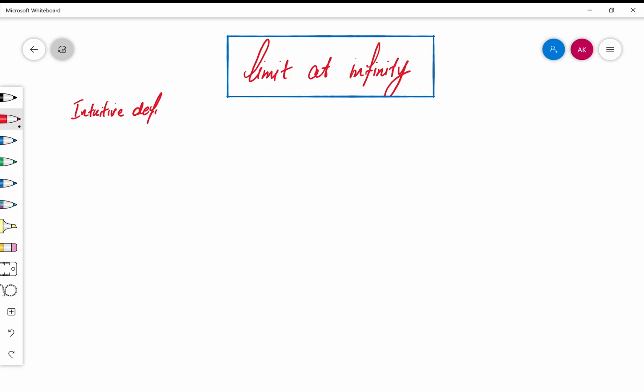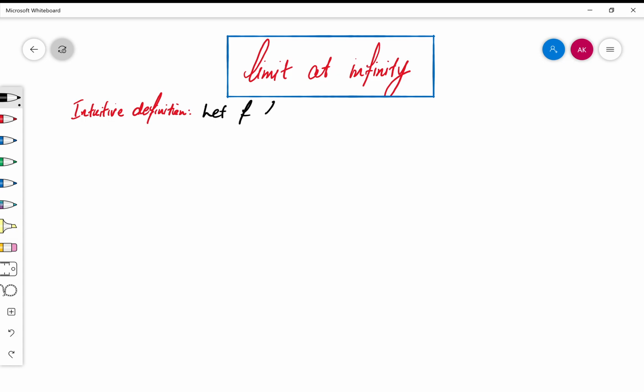definition of limit at infinity. Well, limit at infinity means that x is growing either to large positive numbers or large negative numbers. So here we say, okay, let me start with a function.